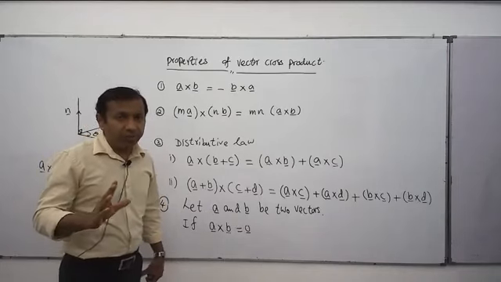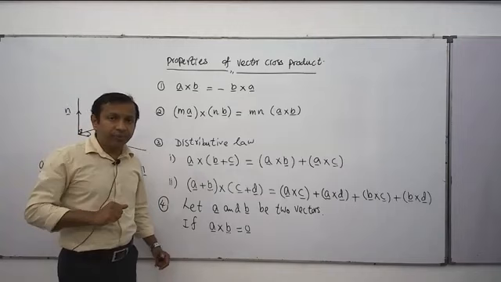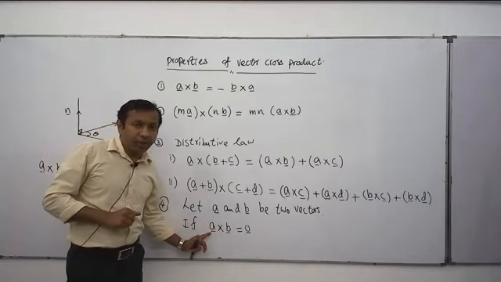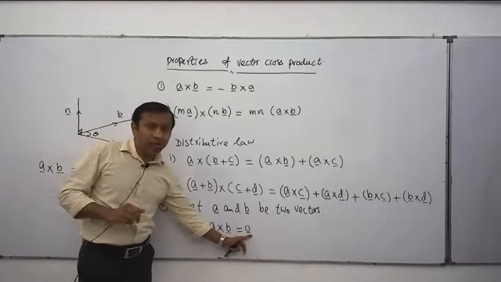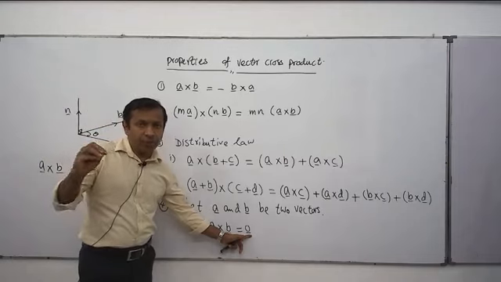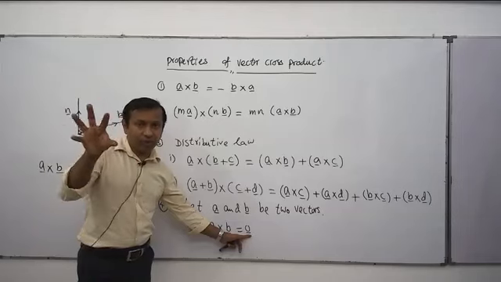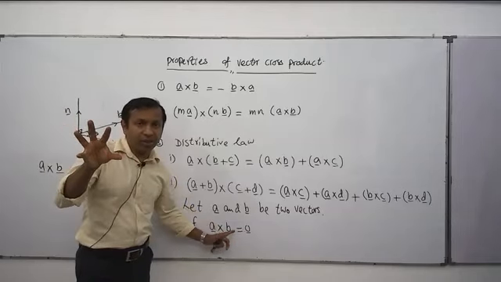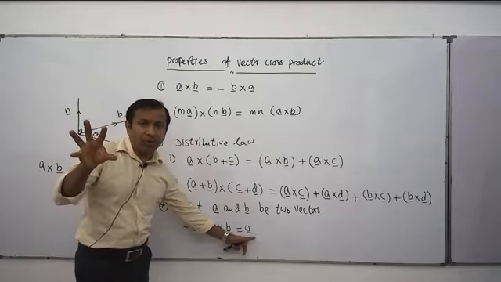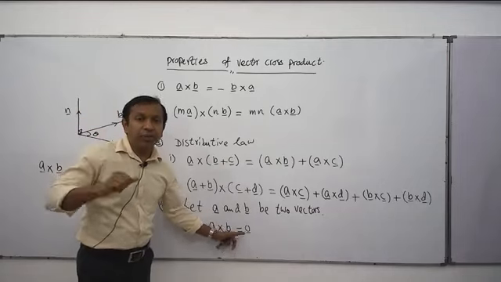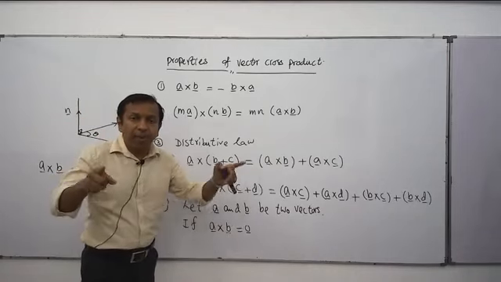Suppose for two vectors A and B, A cross B is the null vector, but we know that vectors A and B are not 0 vectors. Then subject to what condition can A cross B be the 0 vector? Subject to A and B vectors being parallel.